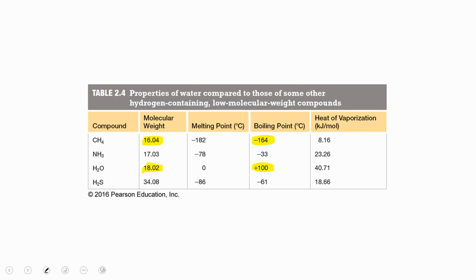Notice the heat of vaporization. This is the amount of heat energy needed per mole to vaporize. So for 1 mole of water, you almost need 41 kilojoules. For methane, only 8. And what is explaining this? The strong intermolecular forces in water. The fact that it has hydrogen bonding.